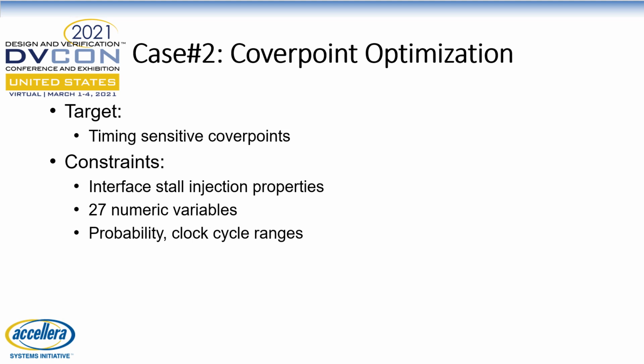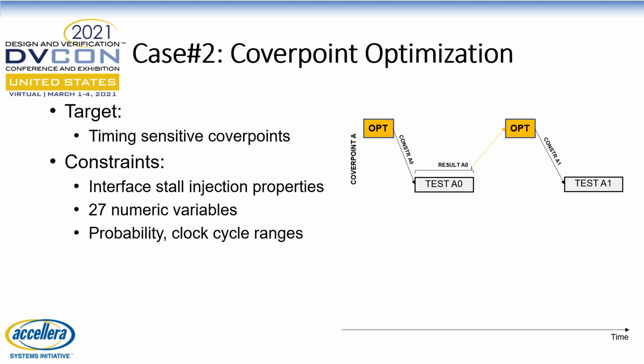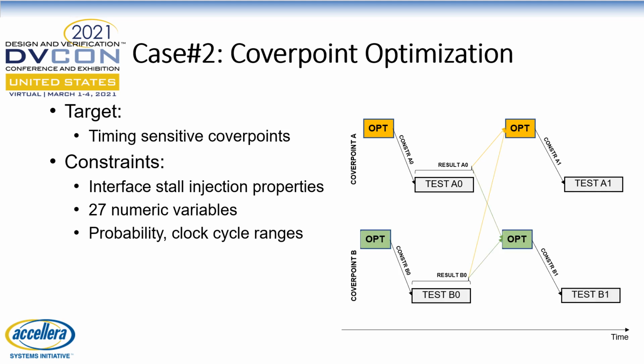Due to the large number of cover points and their timing-sensitive nature, it would have been very difficult to tune these constraints manually. In this setup, there was one optimizer for every cover point. At every iteration, all the tests intended for the various cover points were run in parallel. Since every test can measure the coverage for all the cover points, every optimizer observed the results from all the tests.